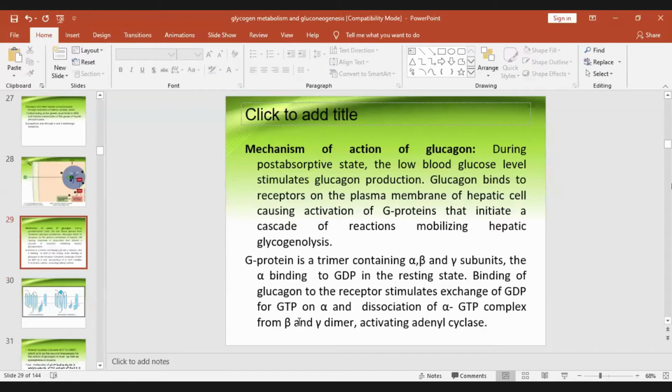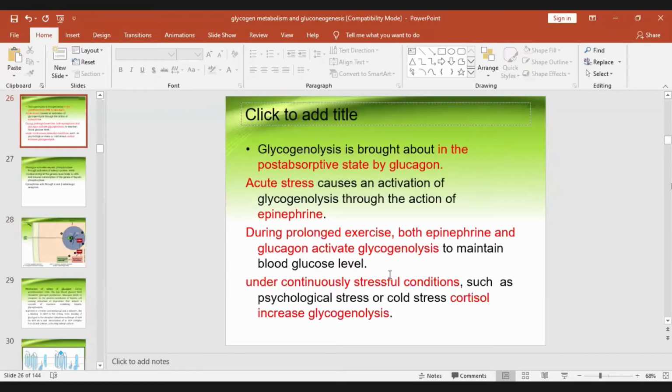Glycogenolysis is brought about in the post-absorptive state by glucagon. Acute stress causes an activation of glycogenolysis through the action of epinephrine. Whereas during prolonged exercise, both epinephrine and glucagon activate glycogenolysis. Under continuously stressful conditions, such as psychological stress or cold stress, cortisol brings about glycogenolysis.